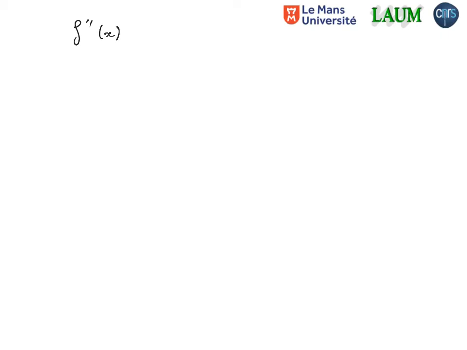Now, to find the general solution, we just have to skip the forcing. So f second of x minus f prime of x minus 12 f of x is equal to 0. Here we see that the 12 has gone. For this we look at functions f of x of the form e to the px.